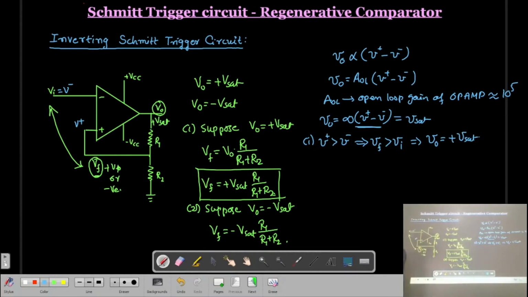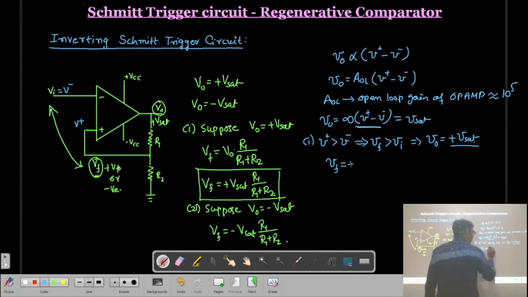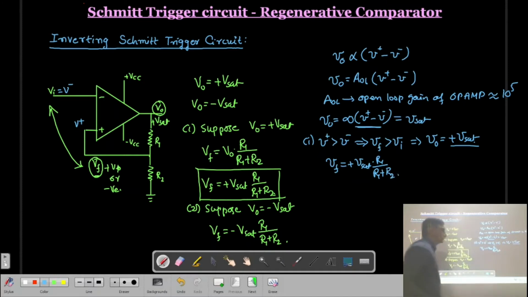If the output voltage is plus V saturation, this indicates that my feedback voltage will also be positive, that is plus V saturation into R1 divided by R1 plus R2.